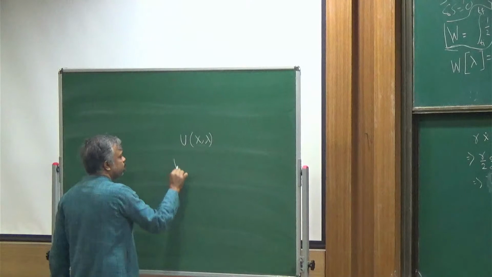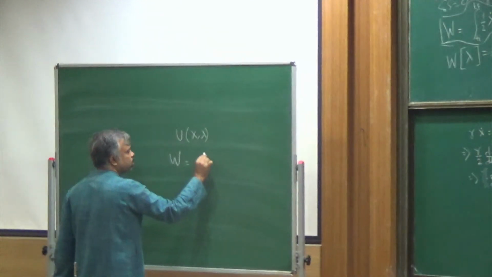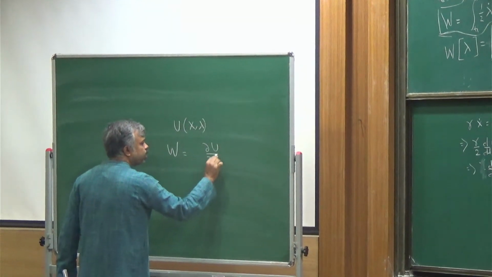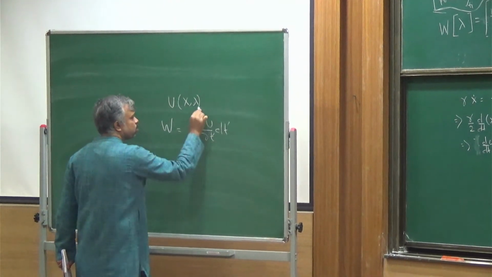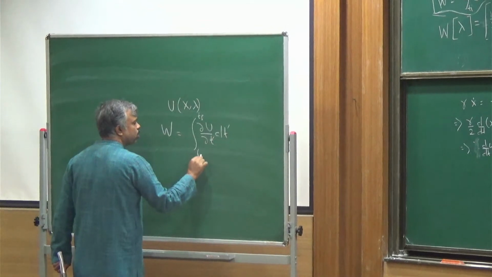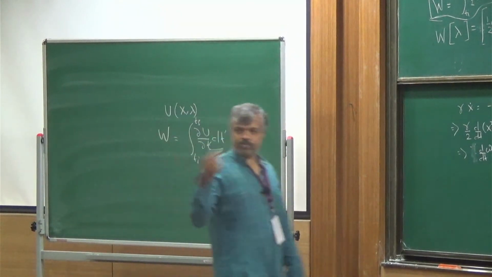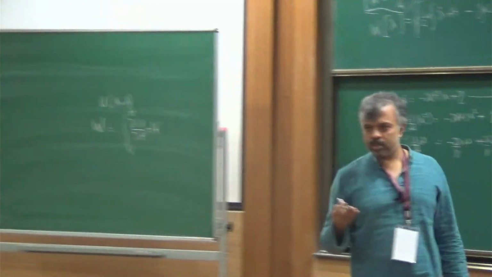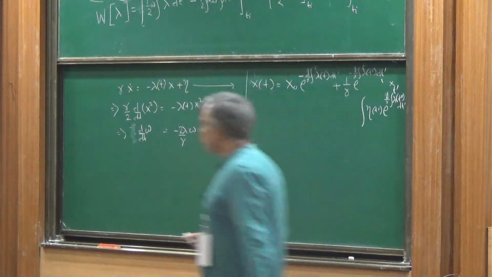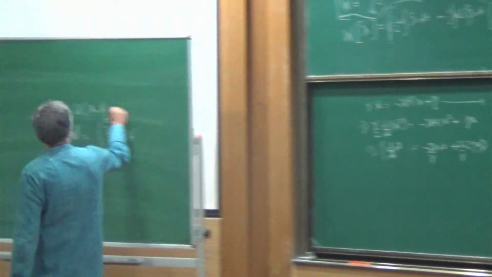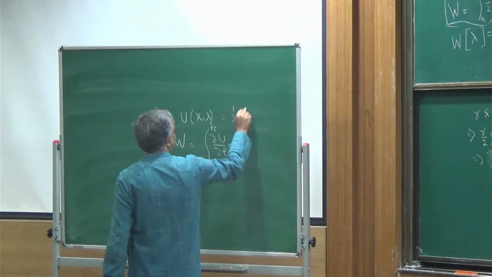Then W is del u del t, say t final. Then you have this lambda and delta t, so lambda dot. U is here, say half lambda t.